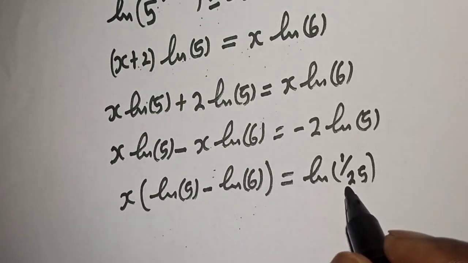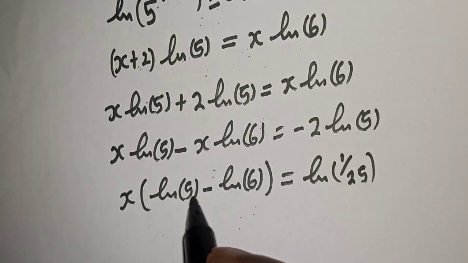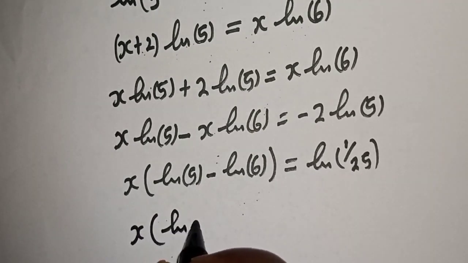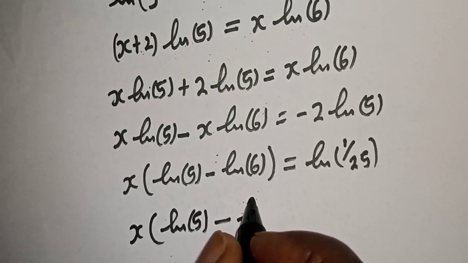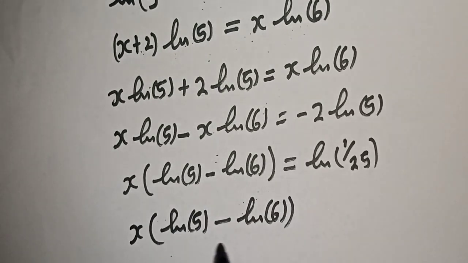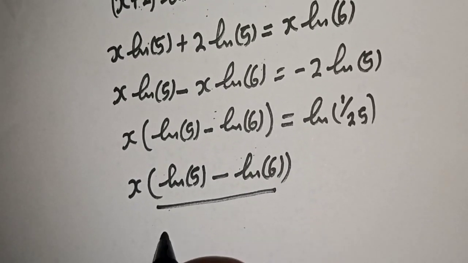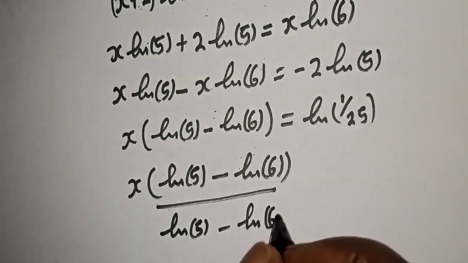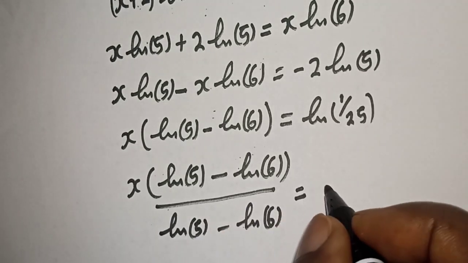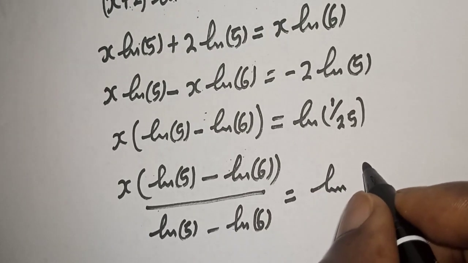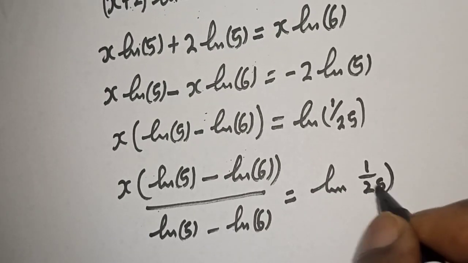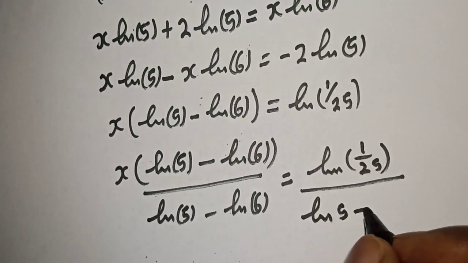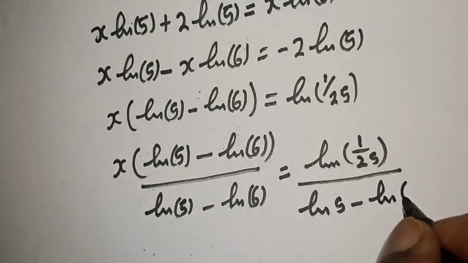Let's divide both sides of the equation by natural log of 5 minus natural log of 6. x bracket natural log of 5 minus natural log 6 divided by natural log of 5 minus natural log of 6 is equal to natural log of 1 over 25 divided by natural log of 5 minus natural log 6.